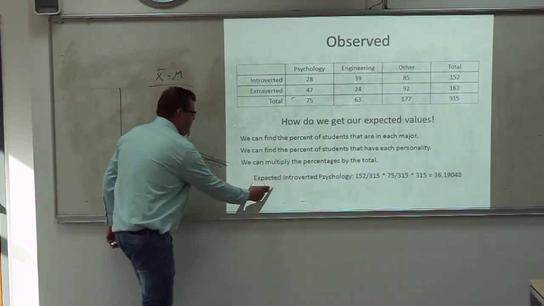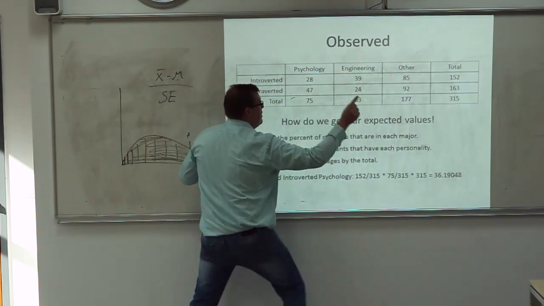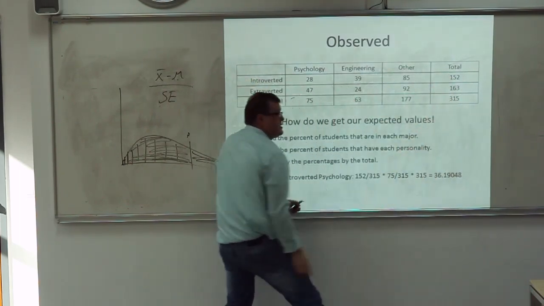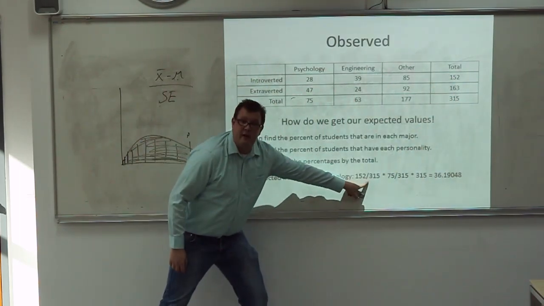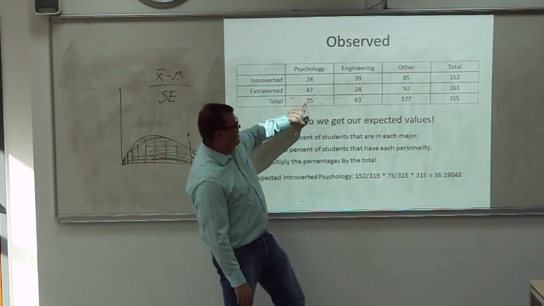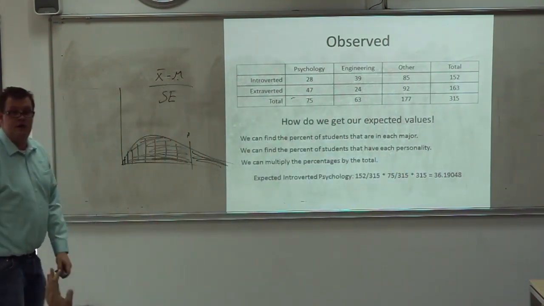So our expected introverted psychology students is 152, the number of introverted, divided by the total, that's the percent of introverted students, times the percent of psychology students, times our total number of students.